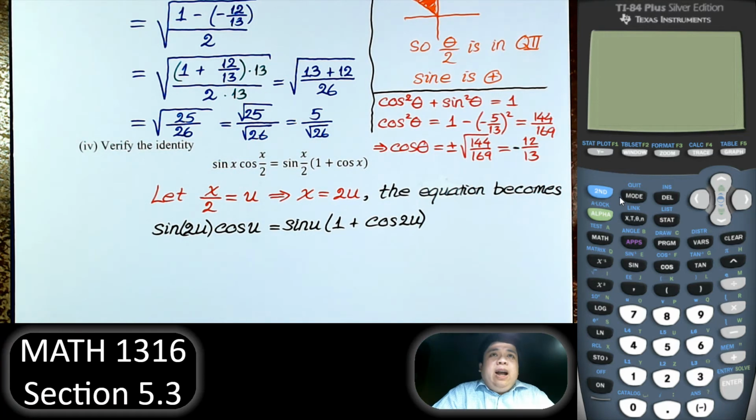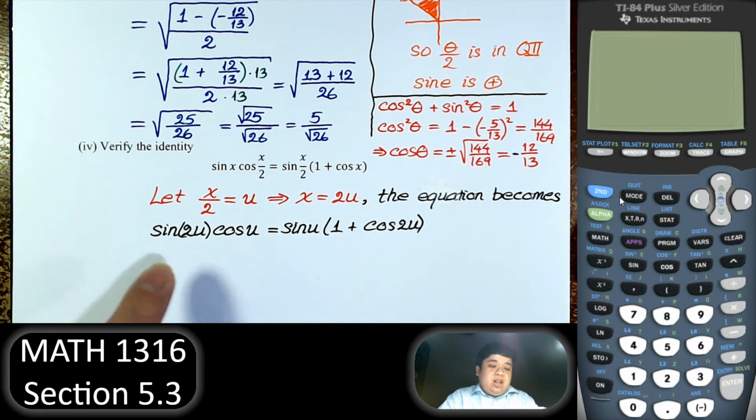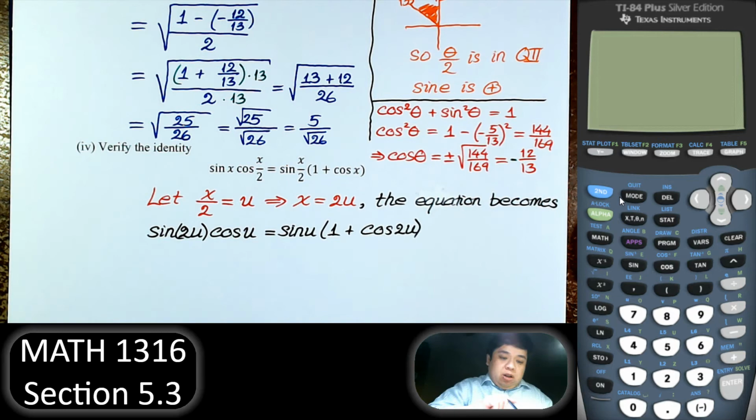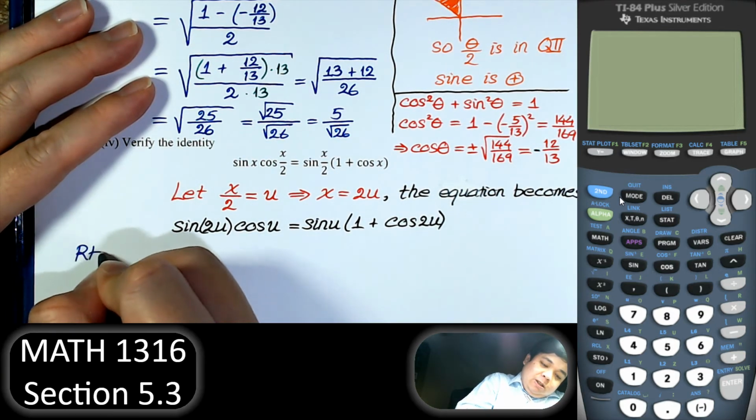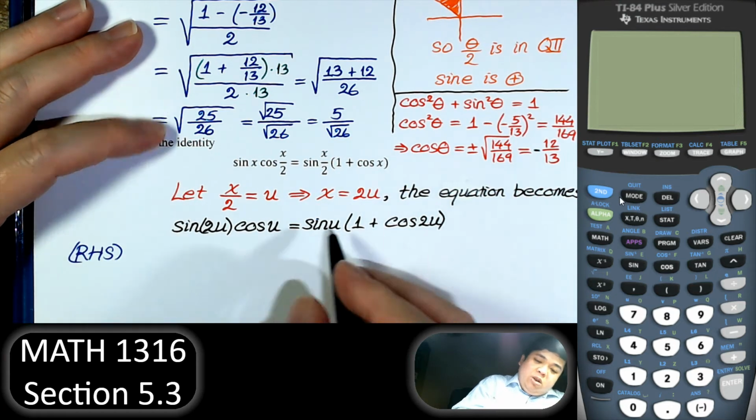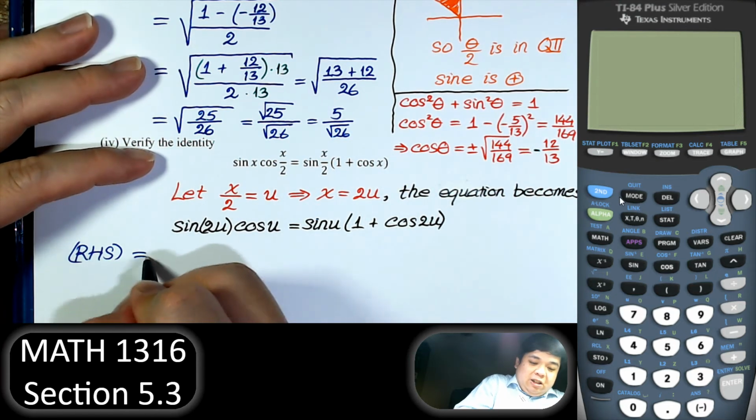Right. Now, which one is similar to prove, I probably would just go from this side to the other side. So we start from the right hand side, because this looks a little more complicated.